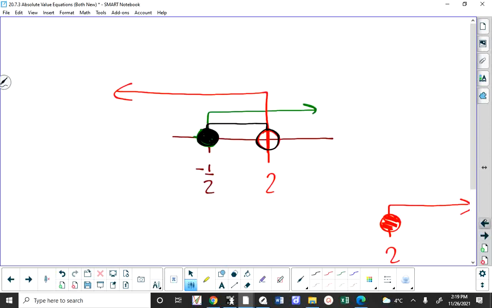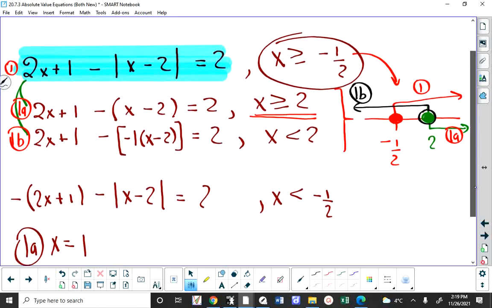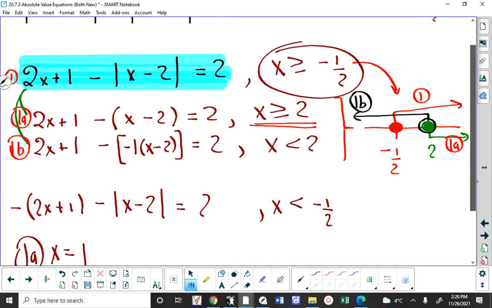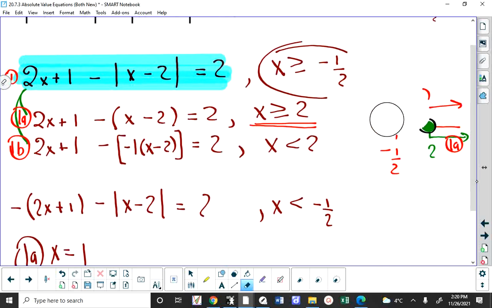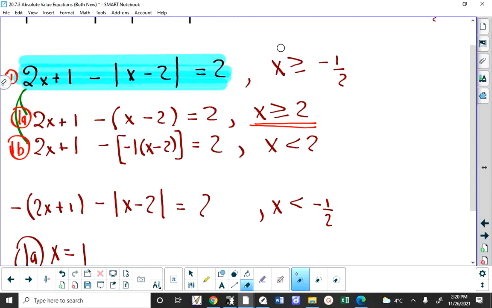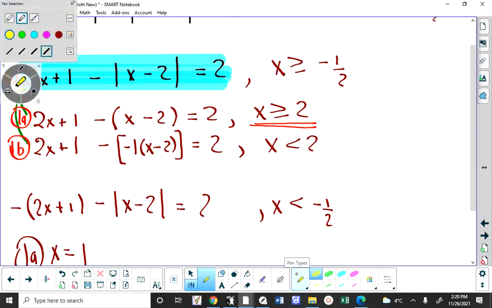Now, keep something in mind here, and I don't know if I really want to finish this, but I'm going to erase this and just say to you that equation 1a must be in both of these domains.